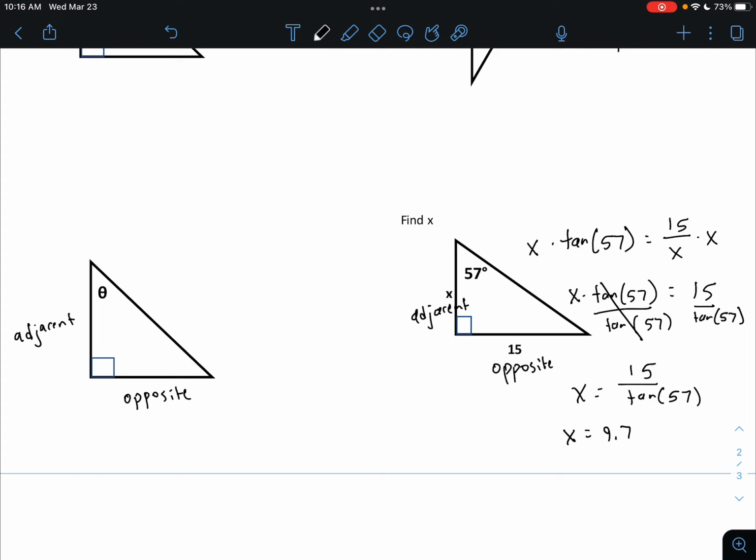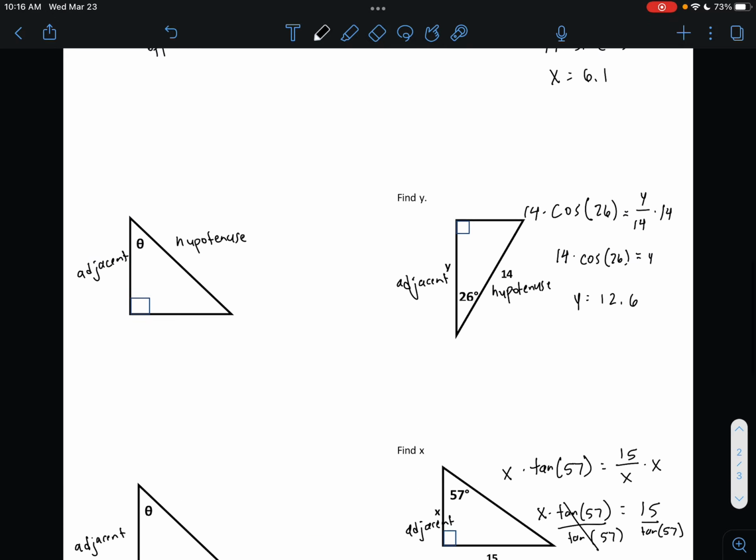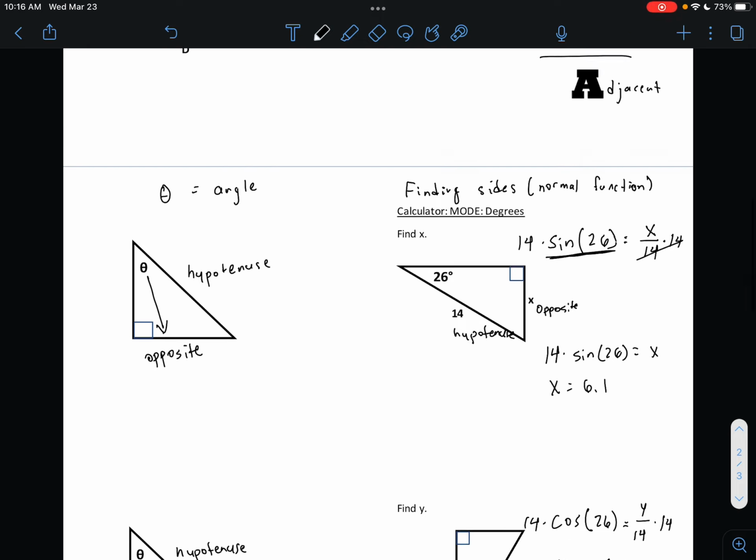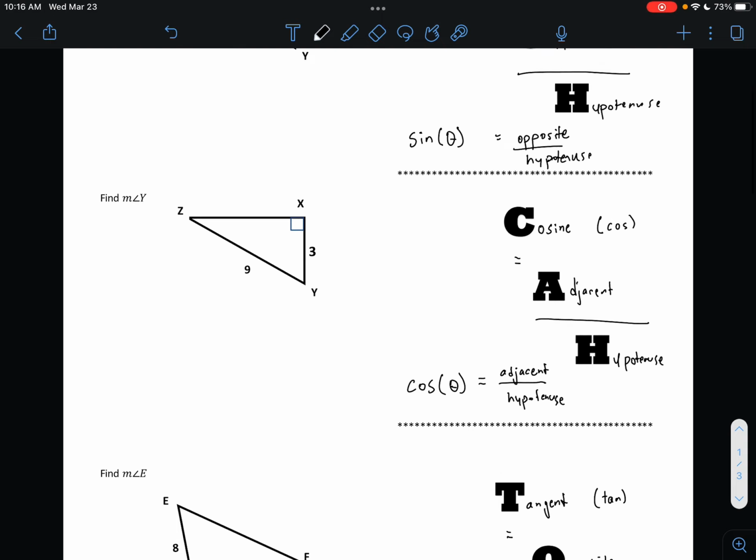So all three of these functions, sine, cosine, and tangent, were able to give us a missing side, whether it's opposite, adjacent, or hypotenuse. In the next lesson, we'll talk about how to find the angles using inverse trigonometric functions.